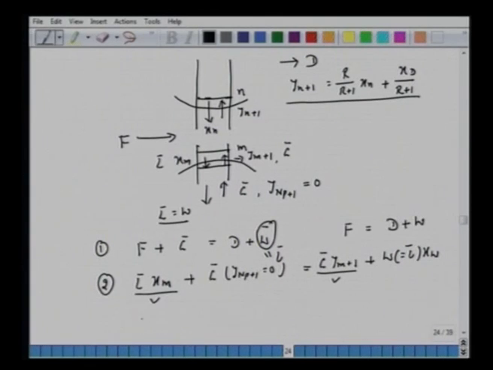So if you simplify this, you will have the equation of the operating line as Ym plus 1 equal to L bar over G bar XM minus W over G bar into XW.